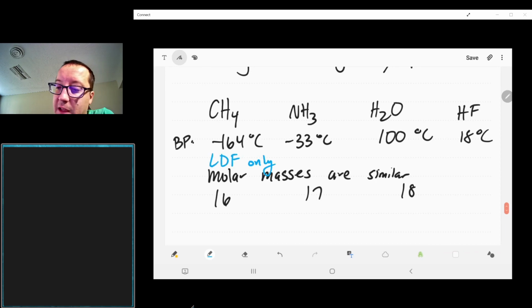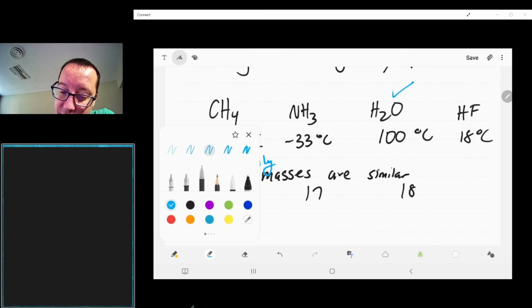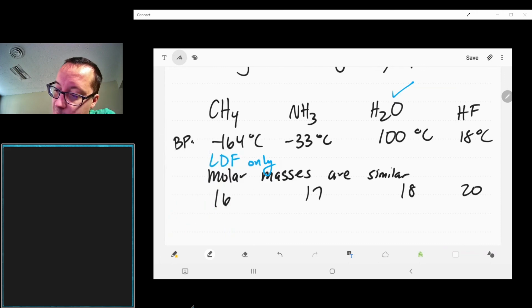But these other three have hydrogen bonds, don't they? They all have hydrogens bonded to nitrogen, oxygen, or fluorine. But we see that water is the victor here. Even though HF has a molar mass of about 20, it still has a much lower boiling point than water. Why do we think that is?